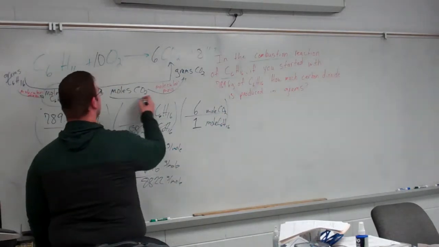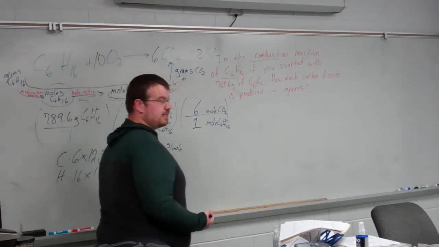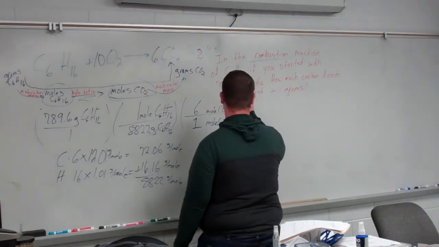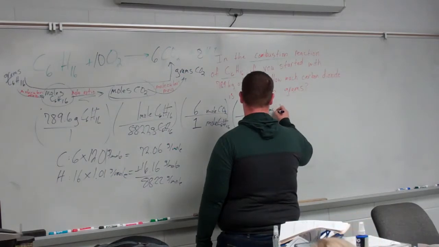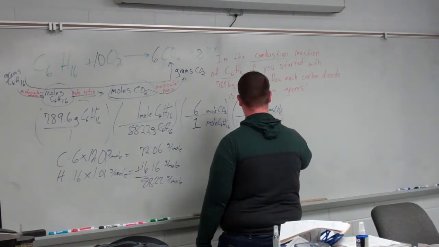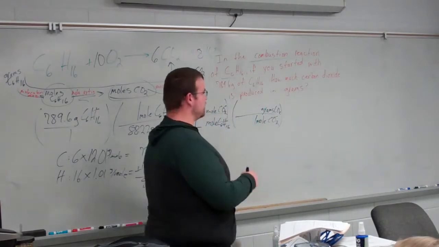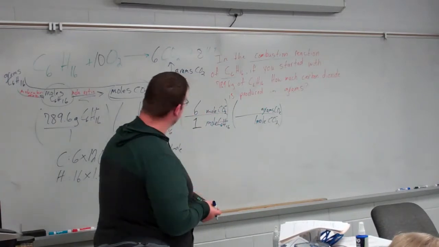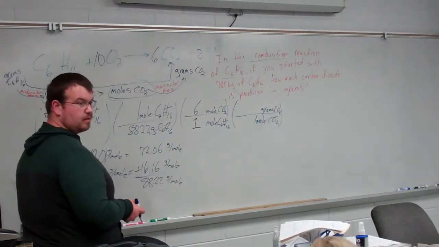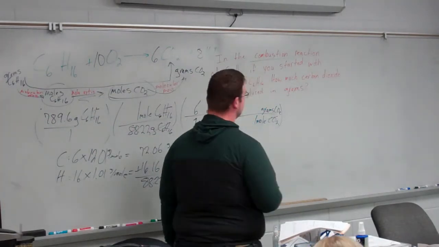Now, we're here. Moles of C6H16 is gone. I'm so happy I can stop saying that now. Then we got to get into grams of CO2. So I got to use moles of CO2 on the bottom to cancel the moles of CO2 out. So 1 goes with the bottom, but what goes with the top number? Molecular mass. Yes. What is the molecular mass of CO2?